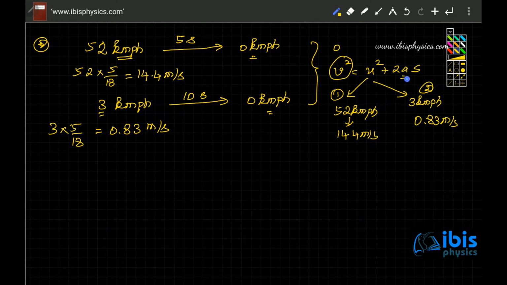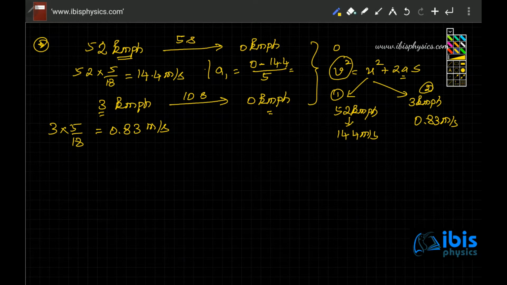You need to find the acceleration. Acceleration is change in velocity by time. The acceleration of the first car, a1, is the change in velocity, final velocity minus initial velocity. 0 km per hour is 0 meter per second, and 0 minus 52 km per hour is 14.4 meter per second, by 5 seconds.